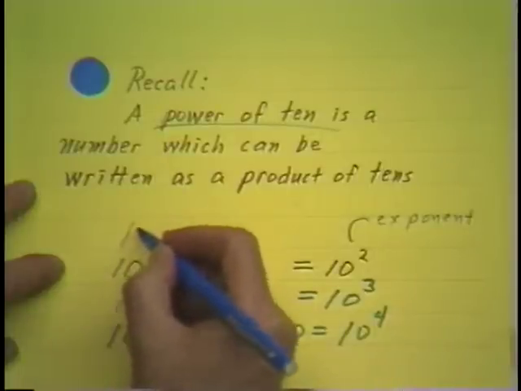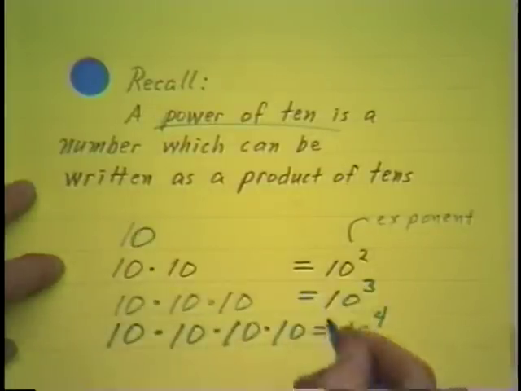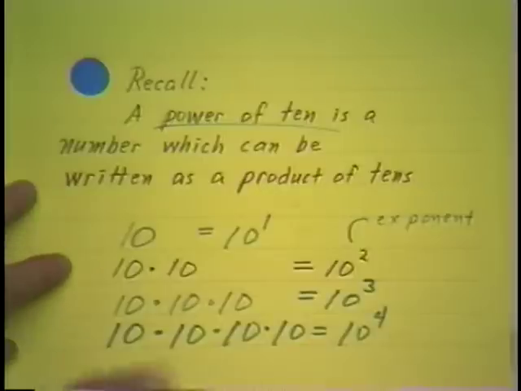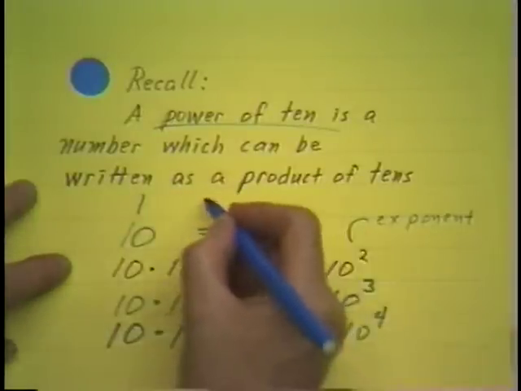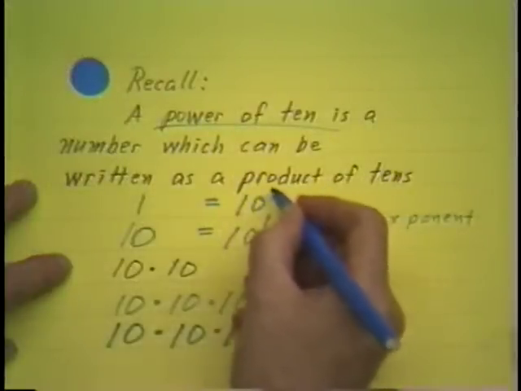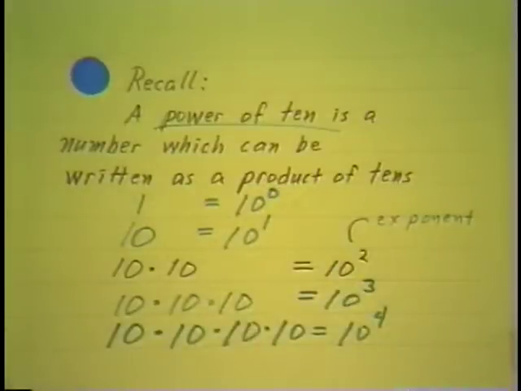And by special definition, 10 by itself, we will agree is 10 to the 1st power. And the number 1, by special definition, is simply 10 to the 0 power. Now notice that the powers go up.